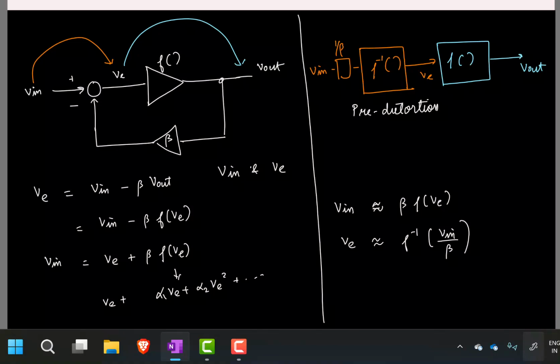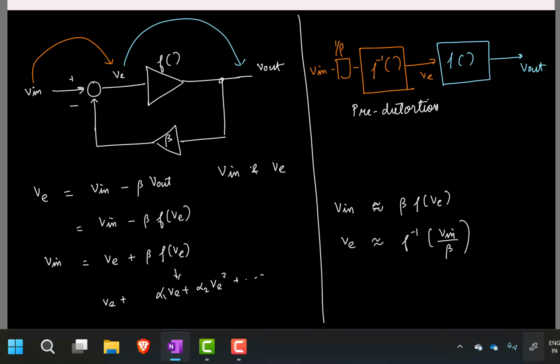Okay. And the negative feedback loop is doing this free for you by making sure that the error signal is related to the input through the inverse nonlinearity. And that is why you have a better linearity in feedback.